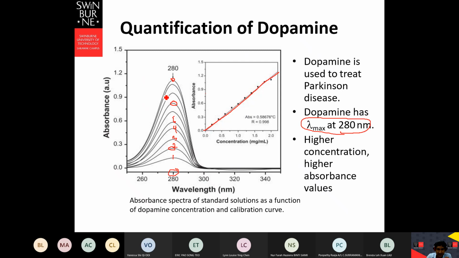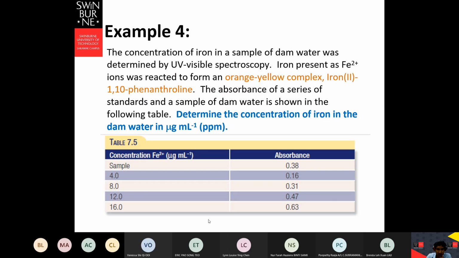So it gives us a concentration here, something like that, right? The peak absorbance we found is 0.85. So from there we can find the quantification of the dopamine.